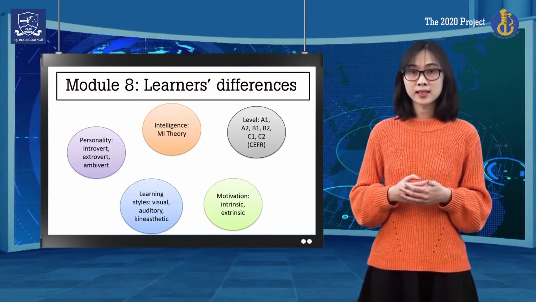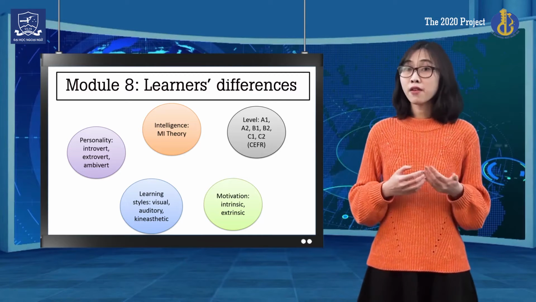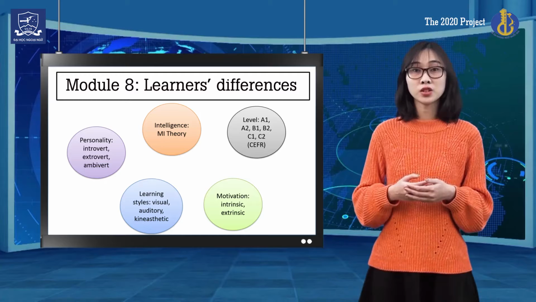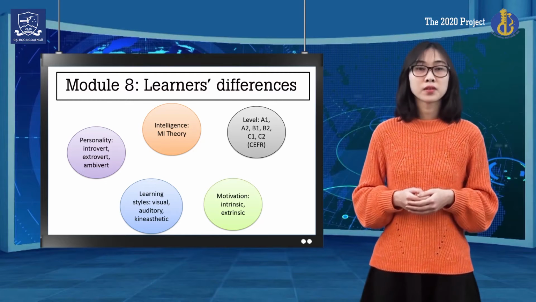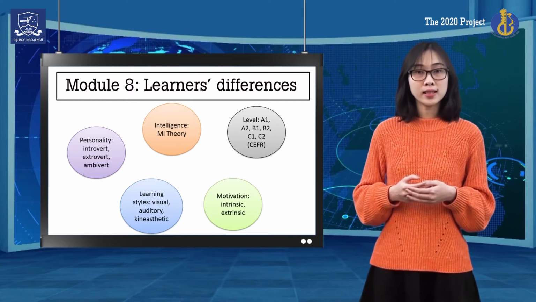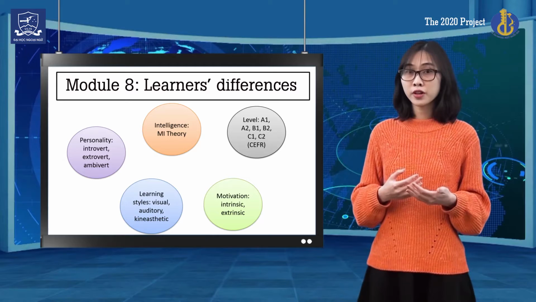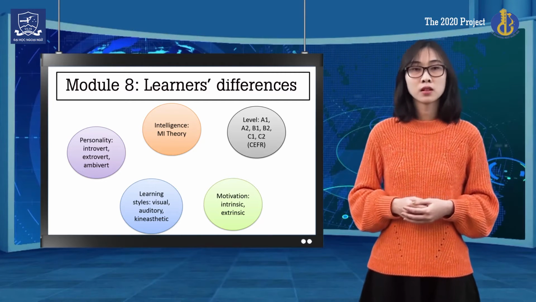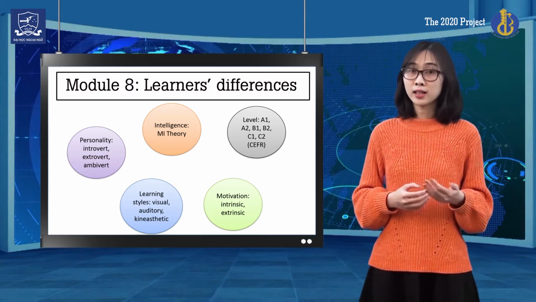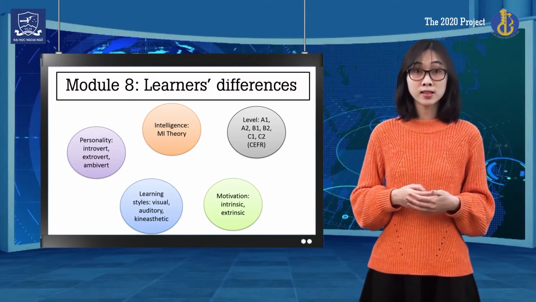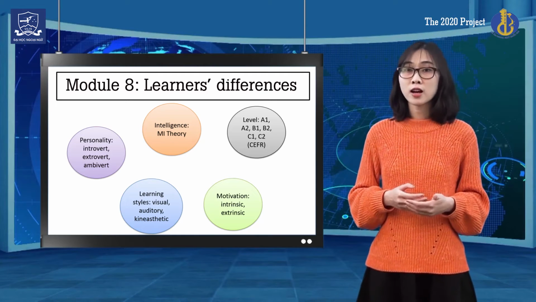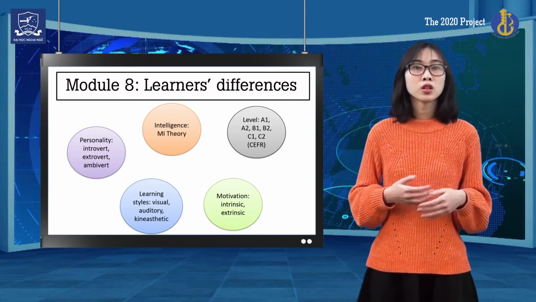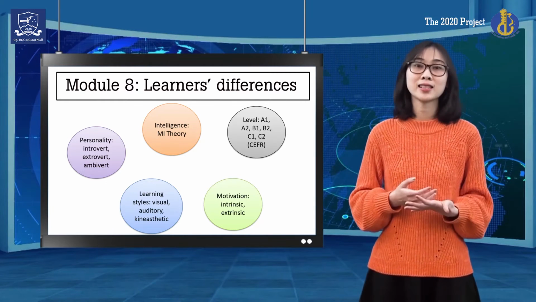For each aspect, the explanation of very basic concepts of theory and classification has been provided. For personality, we have introverted, extroverted, and ambiverted people. For motivation, there are intrinsic and extrinsic ones. For learning styles, there are 3 main types, including visual, auditory, and kinesthetic.